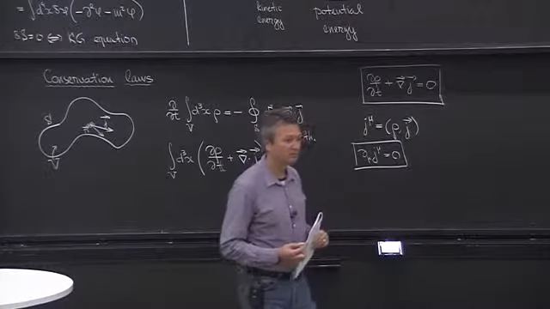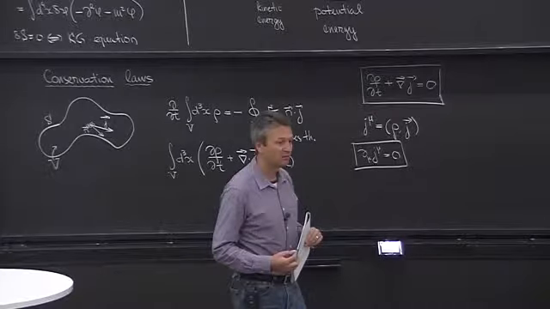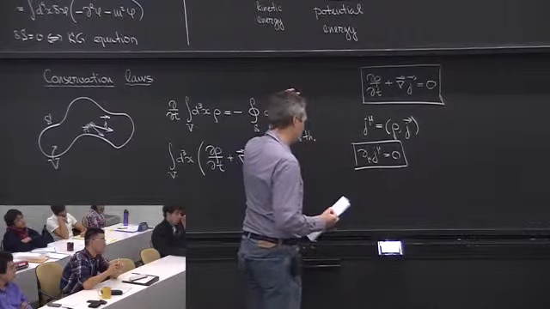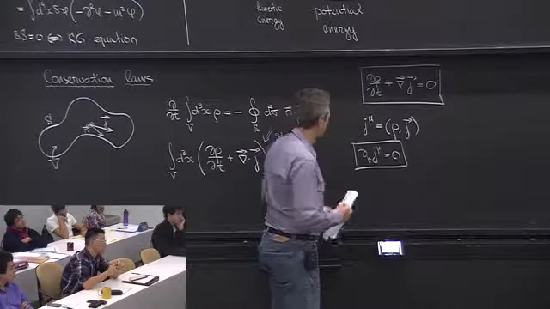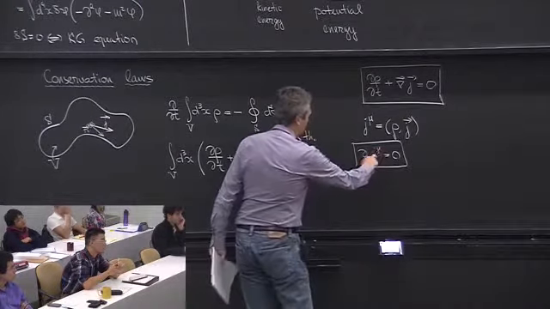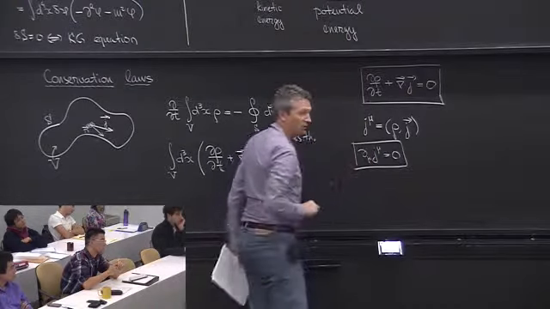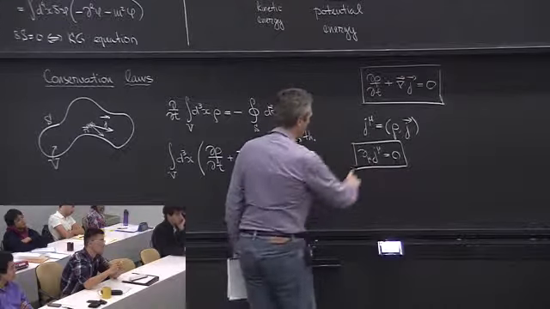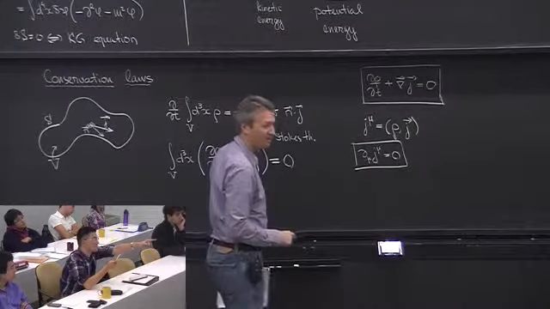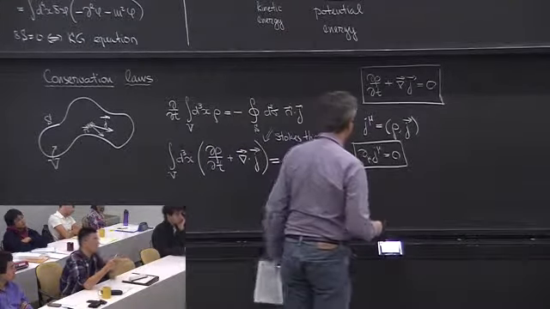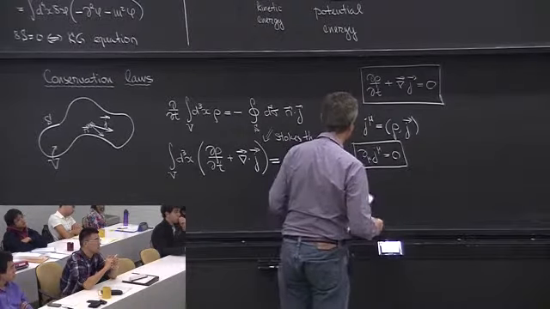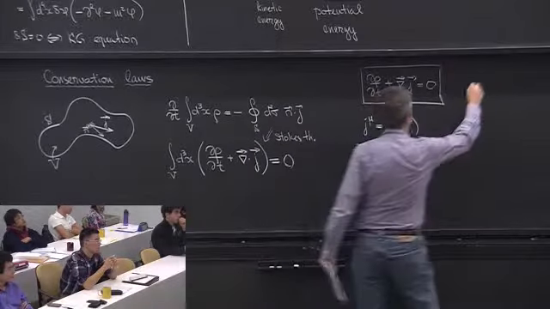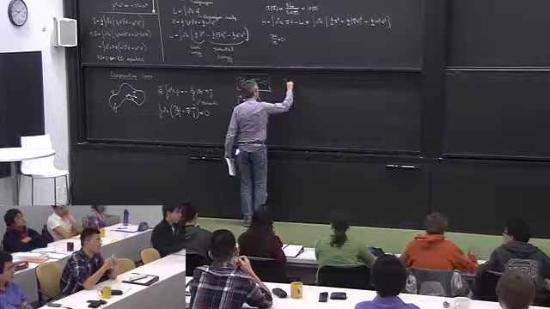For the conservation law, should the four-vector be contracted with a minus? Not in these conventions, because you see this is the upper index and this is the lower index. Let me write this in components.